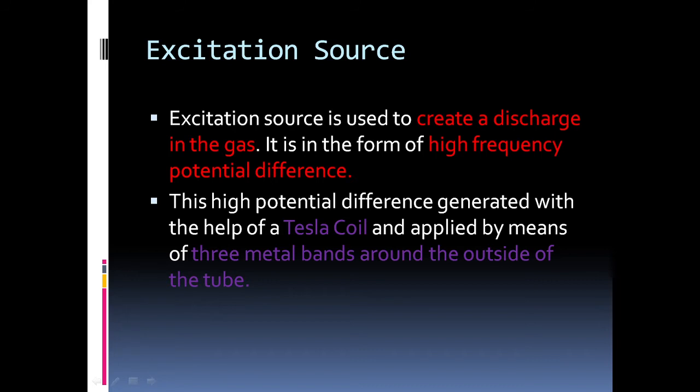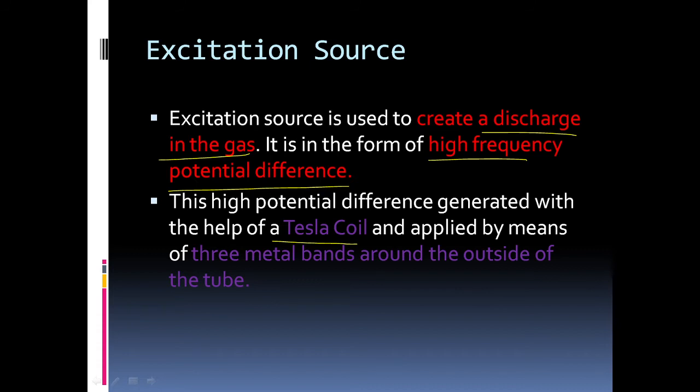Excitation sources, as I told you in the figure, are used to discharge the gas. It is in the form of a high potential difference. This high potential difference is generated with Tesla coils.